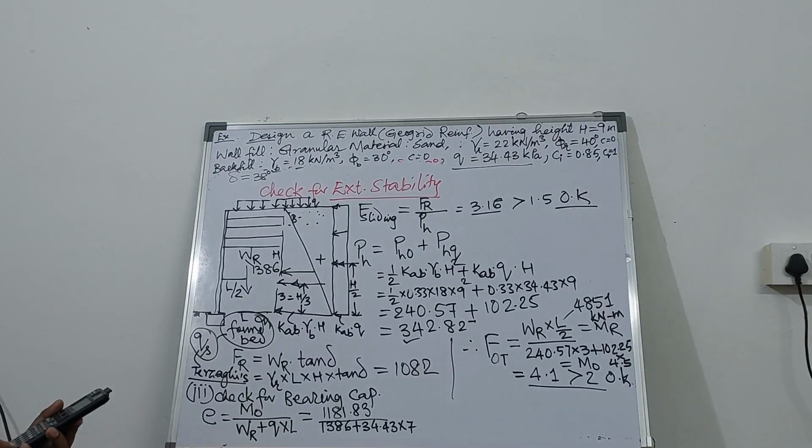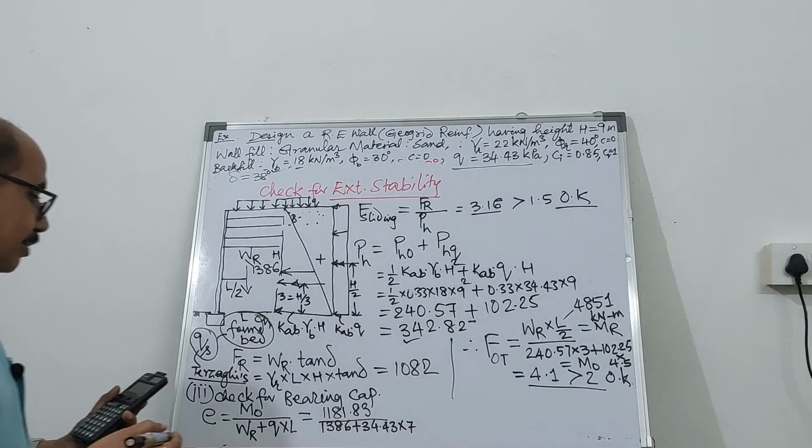So let's calculate this. So divided by 1386 plus 34.43 multiplied by 7 bracket closed, 0.72.